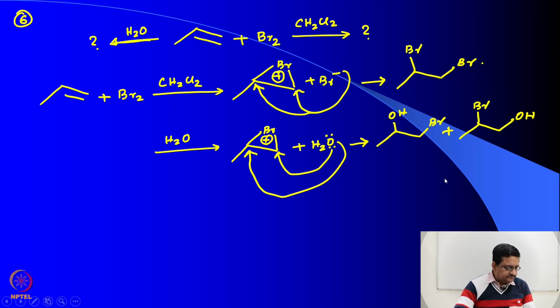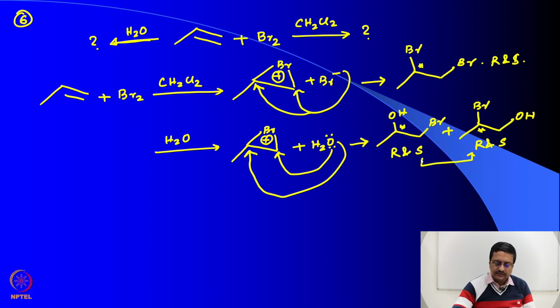So what you see is that here this is a chiral center, and in this compound you have this as a chiral center, and of course this will have both R and S. This will also have both R and S. This will have both R and S, and these two are 2 different compounds altogether.